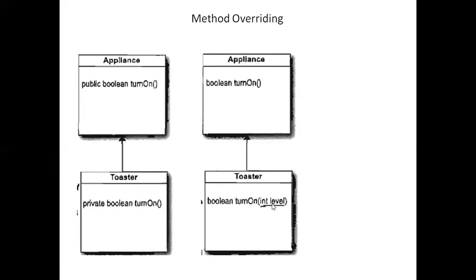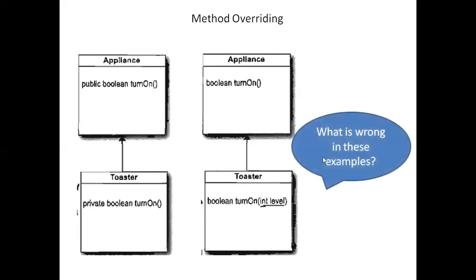Whenever an extra parameter is passed, we said that these methods are overloaded, not overridden. So what's wrong with these examples? Here the problem is it is public and it is private. And here there is no parameter, and here we have a parameter, which means that these methods are overloaded, not overridden.